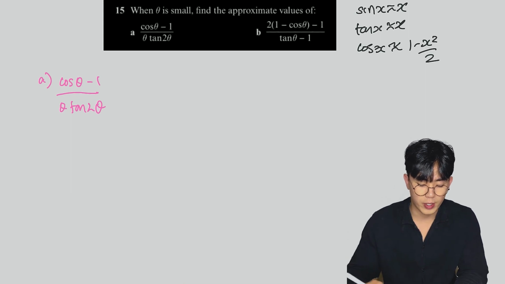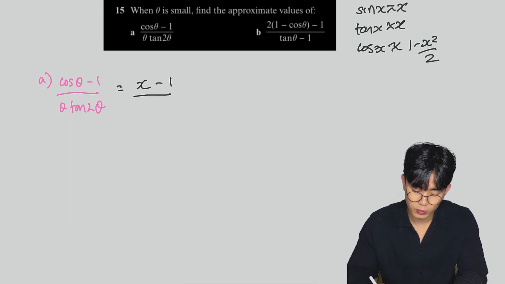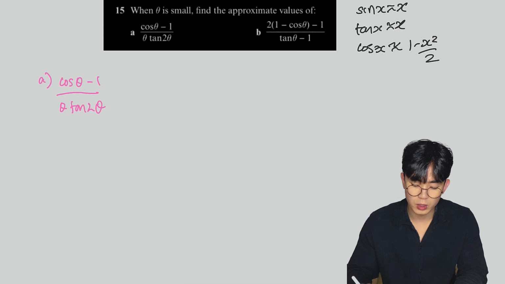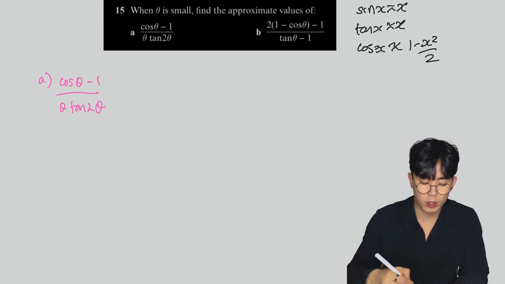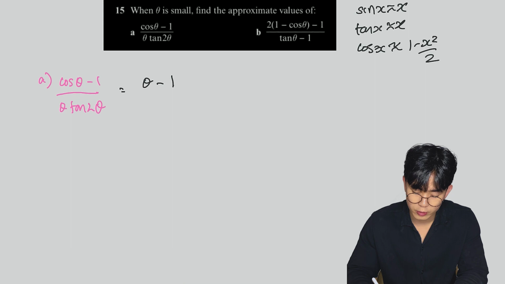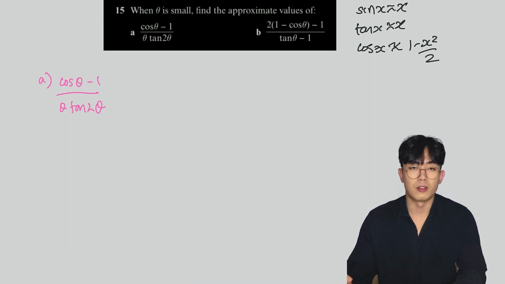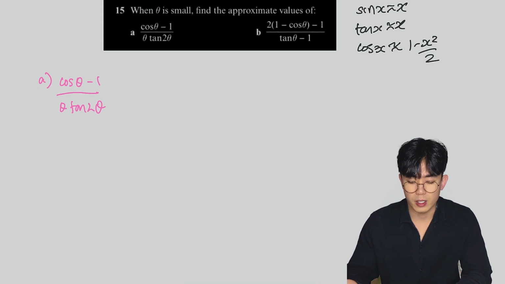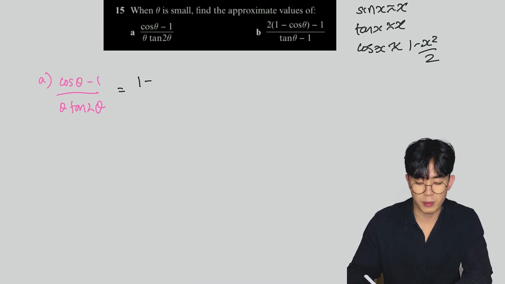Now it's just a matter of identifying what our x is going to be. In this case, it's cos theta, so I'm going to replace that with 1 minus theta squared over 2, minus 1.